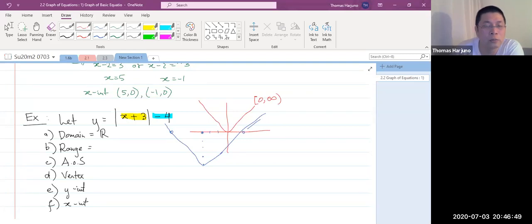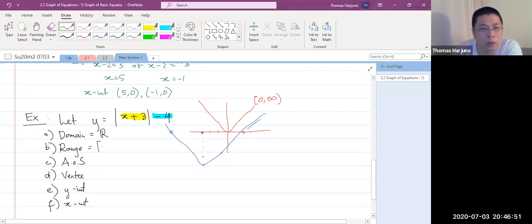So now my range will be from -4 to infinity. How about the axis of symmetry? When I move to the left 3 units, the axis of symmetry changes to x equals -3, while the vertex is now (-3, -4). That's your vertex.